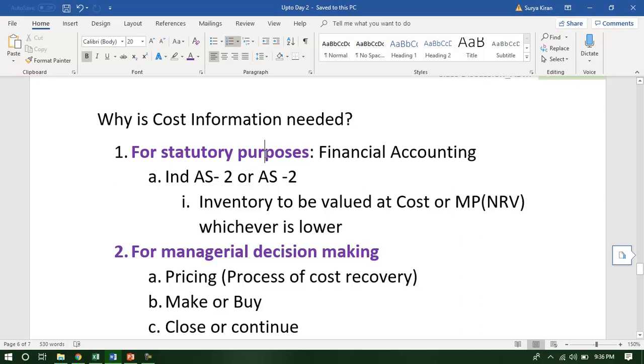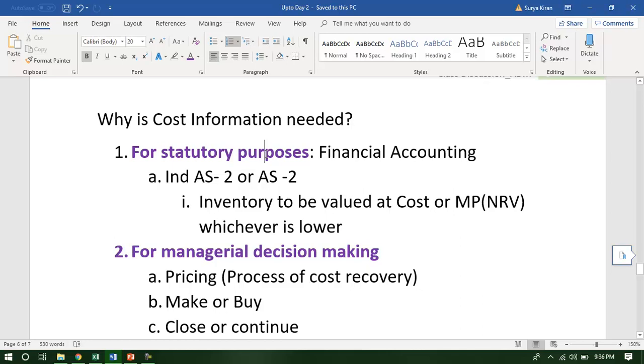While showing it on the balance sheet, we are bound to follow the accounting standard, and the relevant accounting standard is AS 2 or Ind AS 2, which very clearly says that inventory is to be valued at the cost or the net realizable value, whichever is lower.